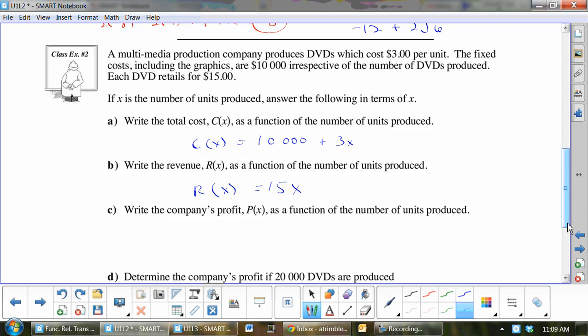So if you were delivering a pizza, okay, and say you were making the pizzas at home, you got to think about, well, I got to make the pizza, I got to heat up the pizza, and I got to drive the pizza to that place. I better make sure I cover my costs. That's what that's called. Plus, you got to make some profit. Okay? So profit then, P of X, would be 15X, which is the good stuff, minus all of the bad stuff.